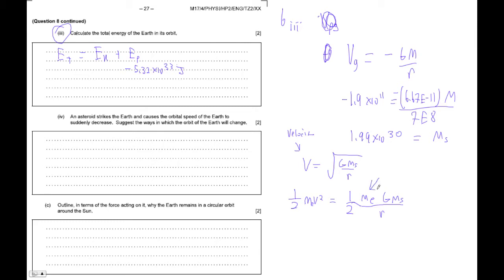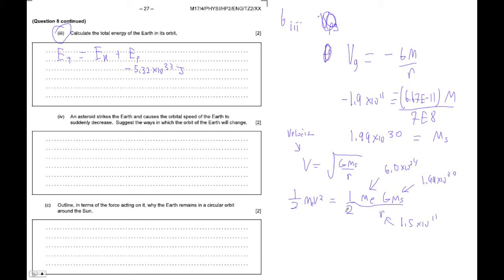So the Earth's mass is 6.0 times 10 to the 24th, the sun's mass is 1.99 times 10 to the 30th, and our radius is 1.5 times 10 to the 11th.